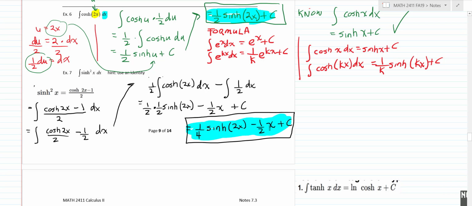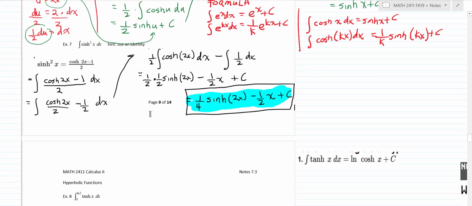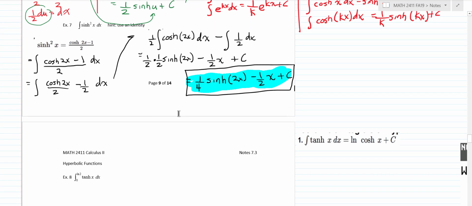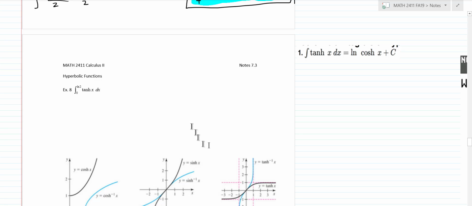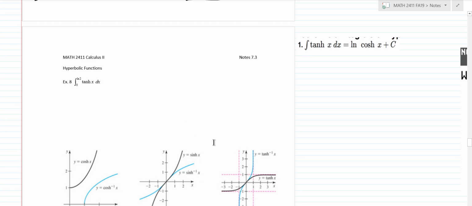So you use substitution when you need to, or sometimes you use identities when you need to. And you'll get used to doing sinh squared, cosh squared, and knowing to use that identity. We've already developed a little bit of familiarity with that. Okay, so now let me get into one where it's a definite integral.